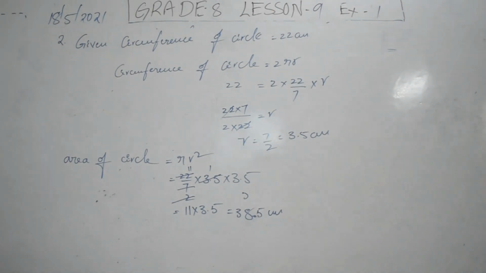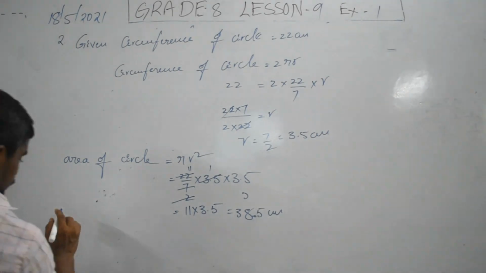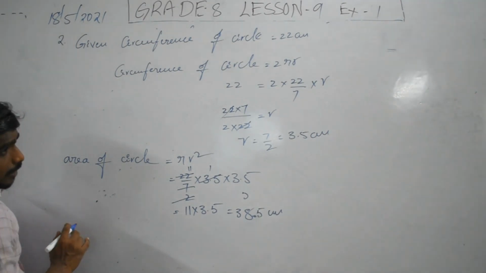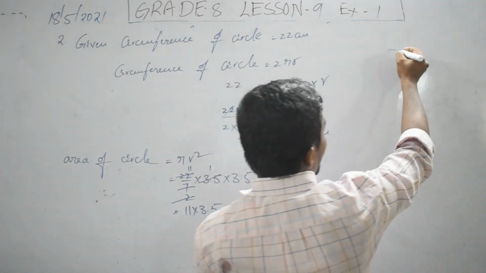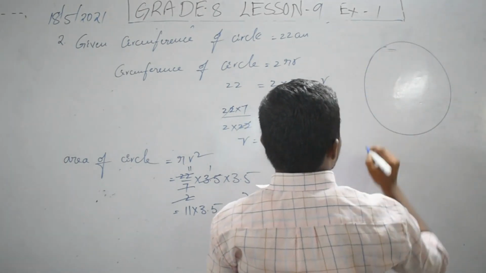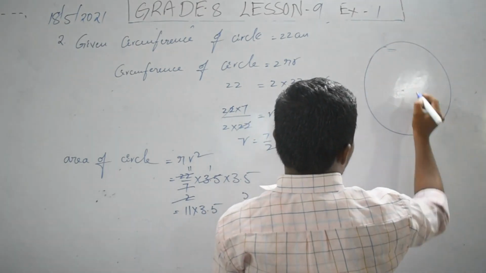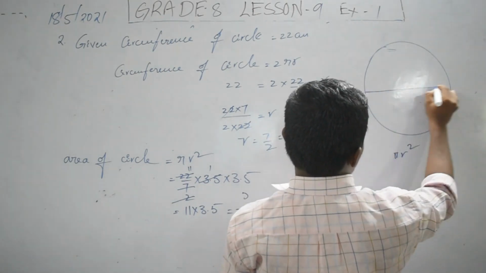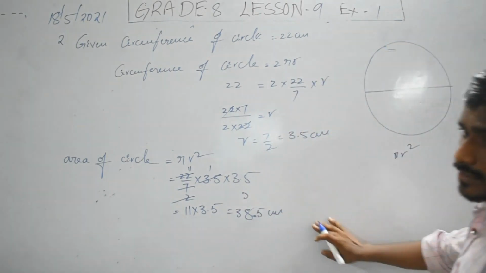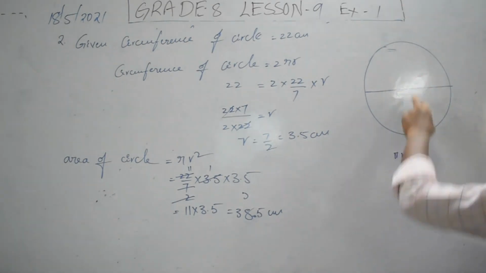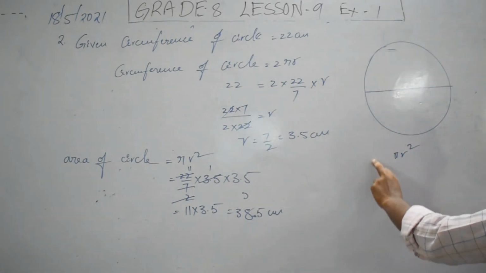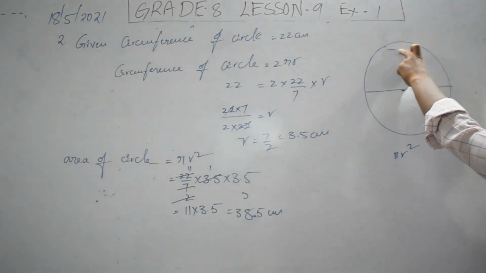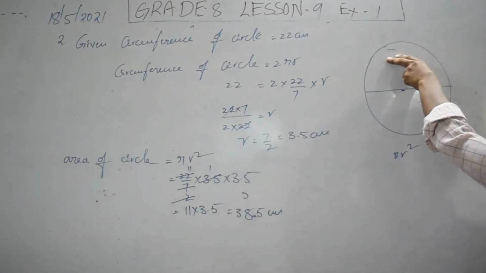Next they are asking the area of the semicircle. Now see, this is a circle. This area is pi r square. Now semicircle means this is a semicircle. Now this area, total area pi r square, and this is a half part.